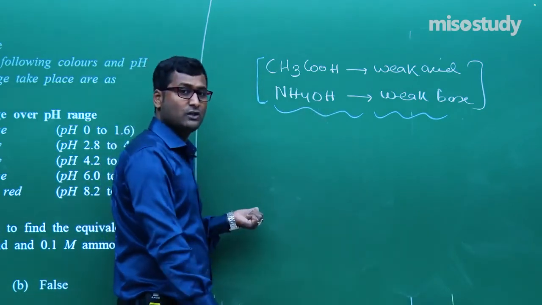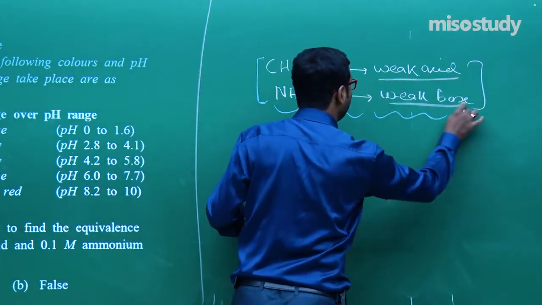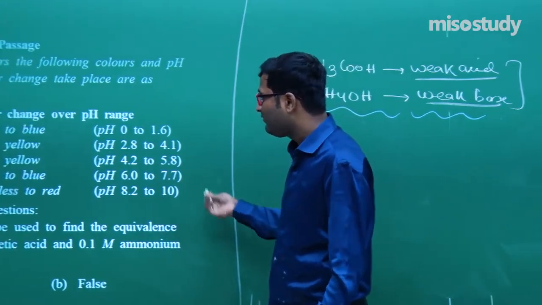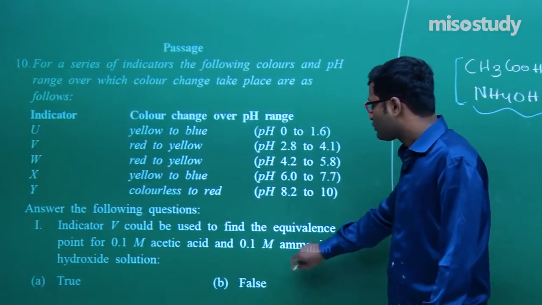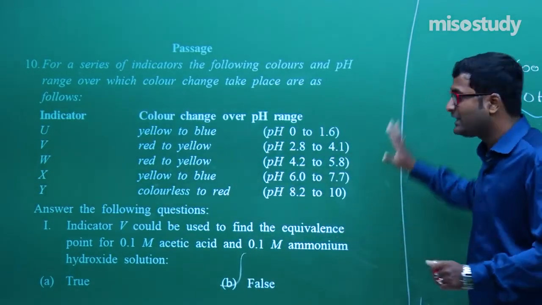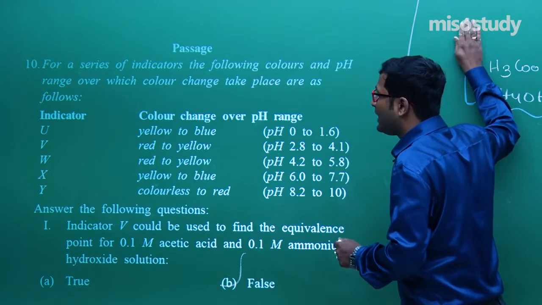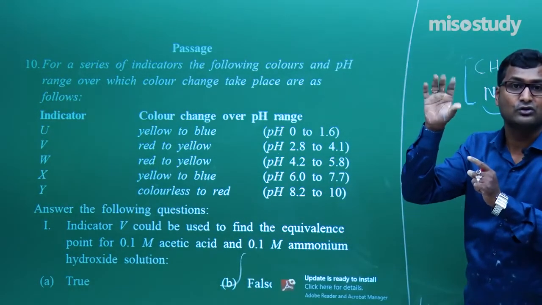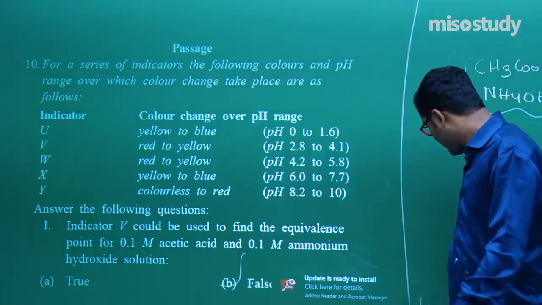But for a weak acid and a weak base there is no such indicator. So indicator V, no such indicator. So B is a false option. No indicator works in case of weak acid and weak base. During acid base titration I have given the 4 conclusions. Do you remember? Yes sir, we do.